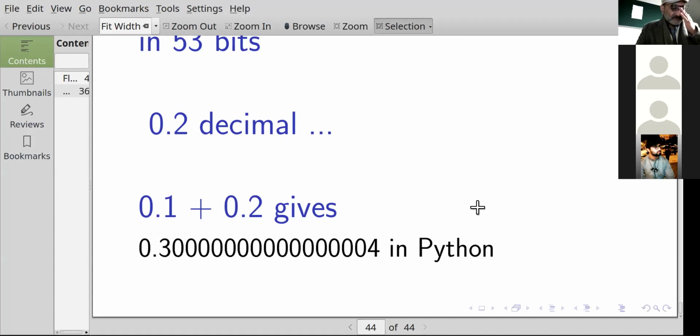I'm not going to force you to memorize all the details of that. The big takeaways are this: there is a way to represent a range of numbers, not all numbers, using binary bits, storing zeros and ones.